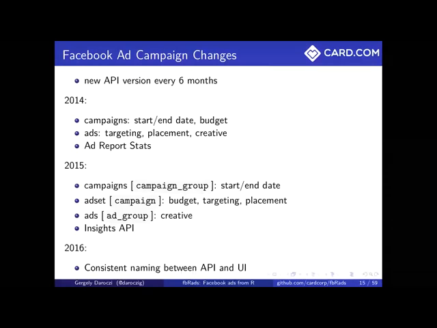Another thing to note is that in the past we used to have the ad report stats endpoint, which was an extremely fast API endpoint. I really liked that, because we could get the performance metrics of our ads within half a second or something like that. Then in 2015, the Insights API endpoint was introduced, which is extremely powerful.